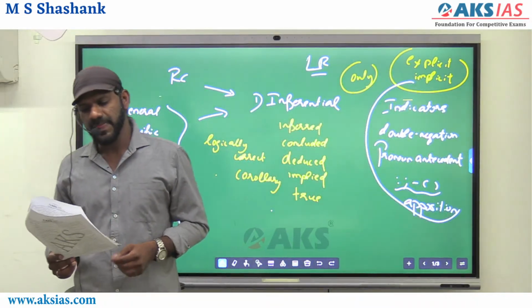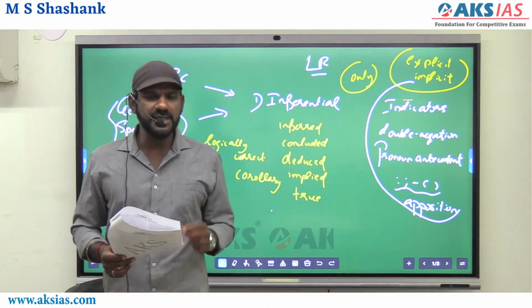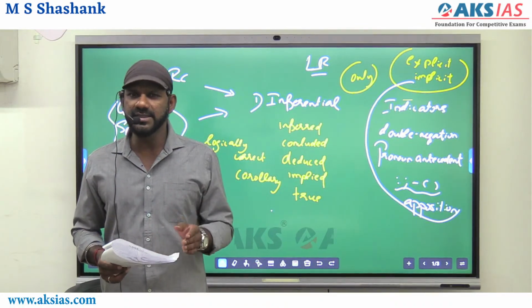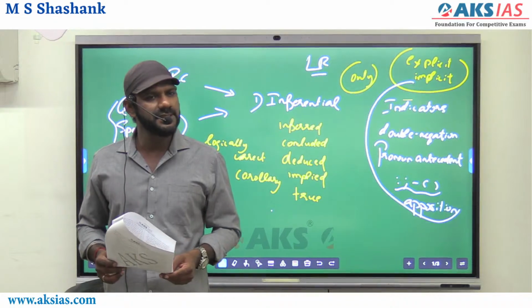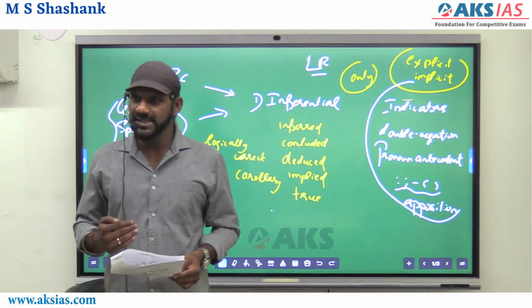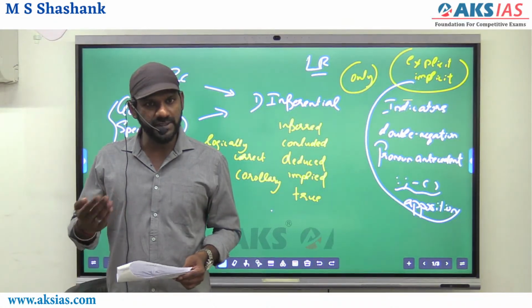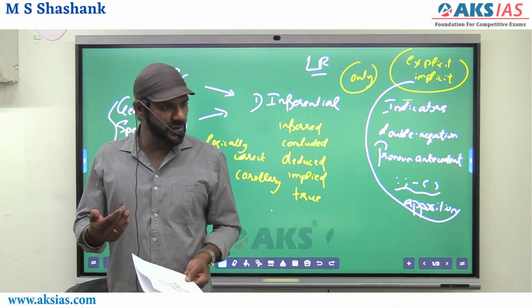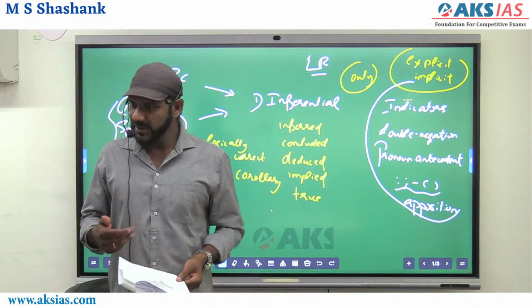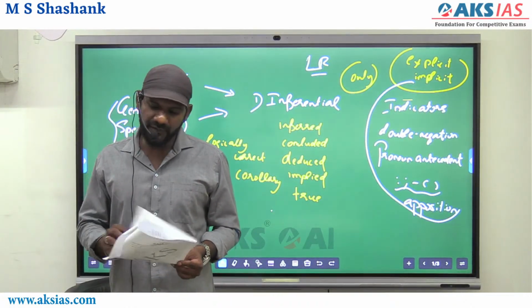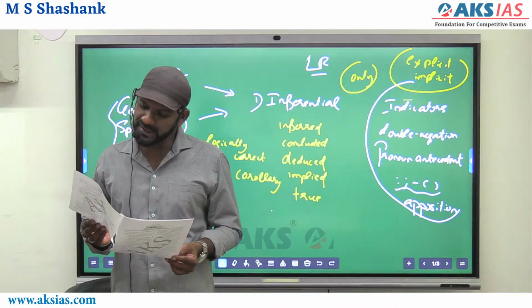Come to option A. The state is using its institutions. Its institutions means the institutions of the state. General or specific? The institutions of the state. Specific. The institutions belong to the state, or the state possesses the institutions. Specific. The paragraph also says the institutions of the state.